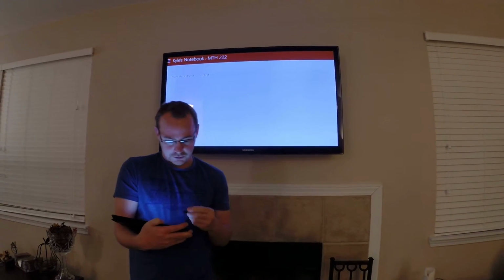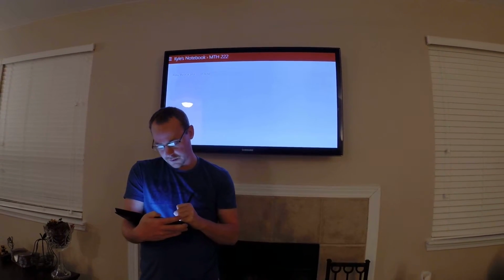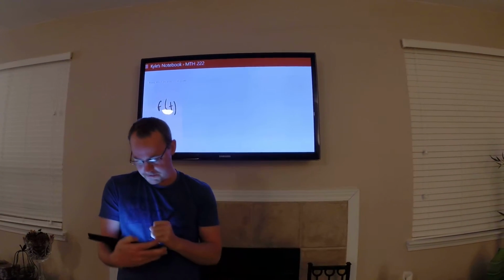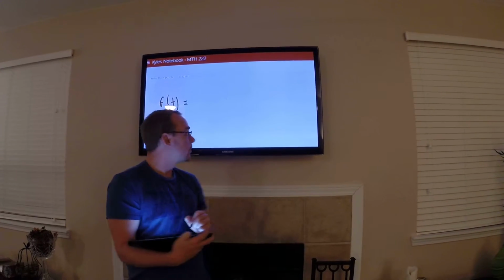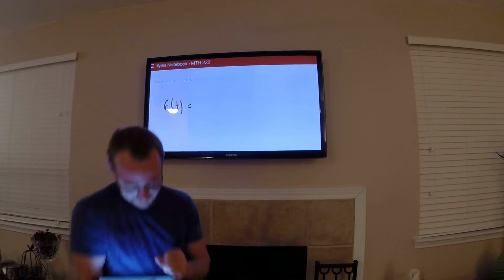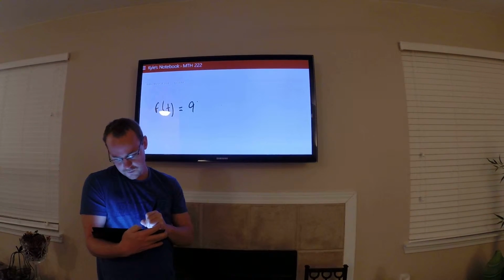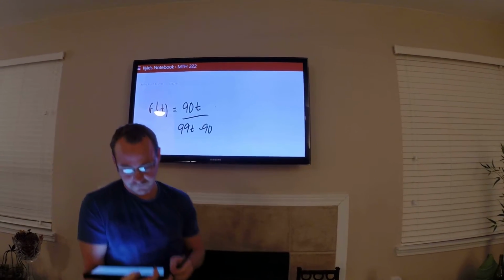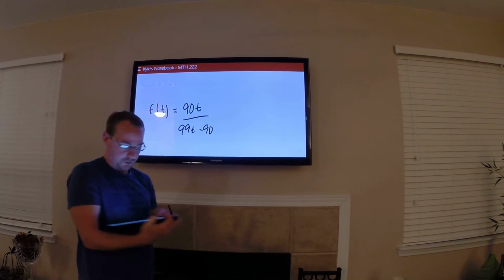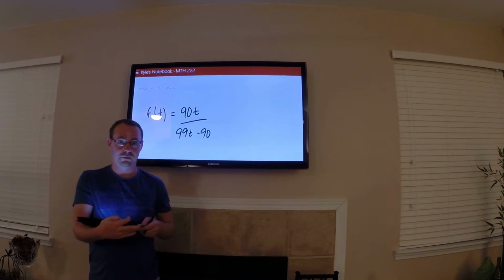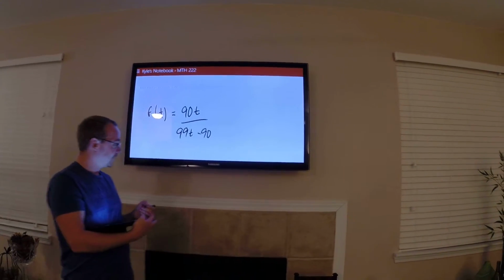So again, our function is given as f of t equals 90t over 99t minus 90. In order to find the derivative of that function, we'll need to use the quotient rule.